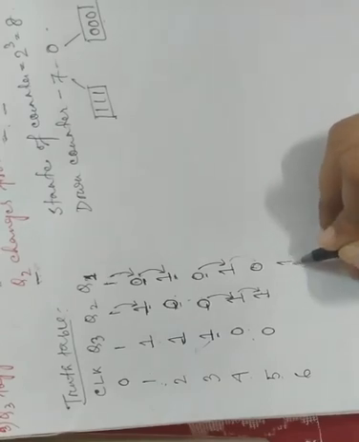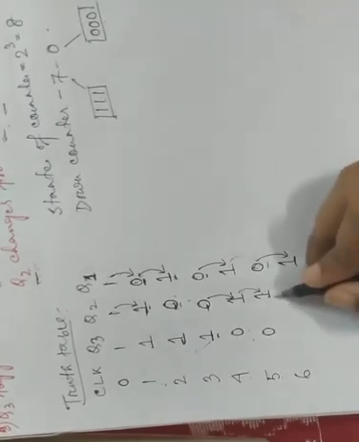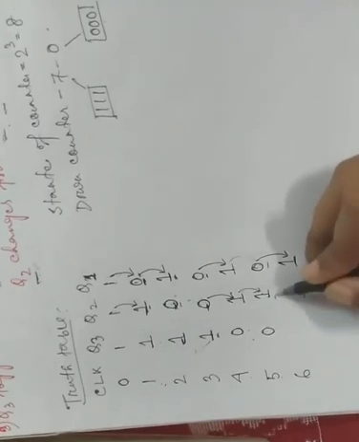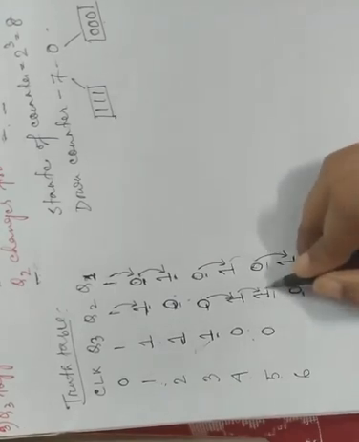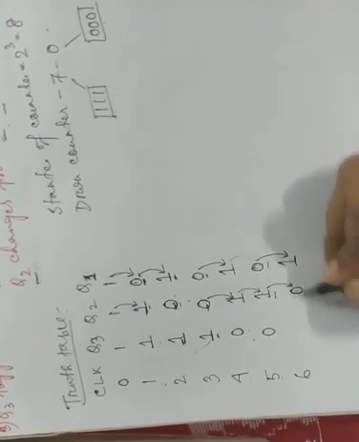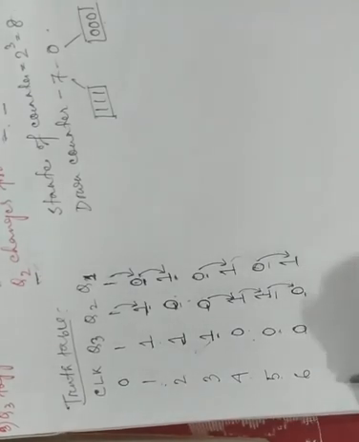So previously it was 0, now it changes from 0 to 1. So Q2 changes: previously it was 1, now it is 0. And as Q2 changes from 1 to 0, Q3 will not change. So it was previously 0, now it is also 0.